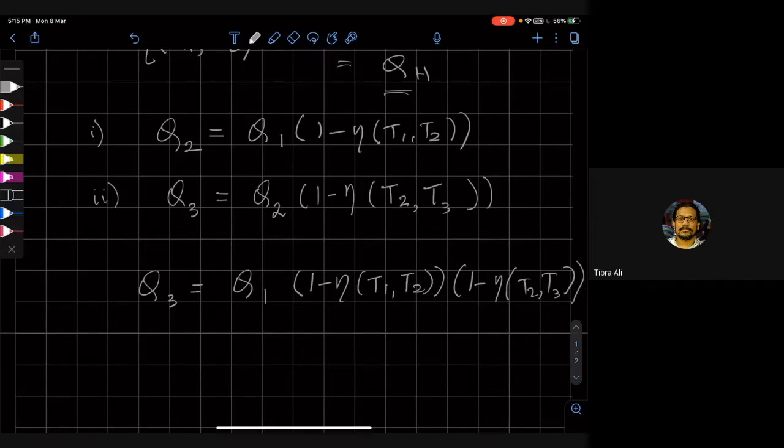Okay, any questions so far? So the key here is to realize that the heat being absorbed by the second Carnot engine is the heat that is being dumped by the first Carnot engine.